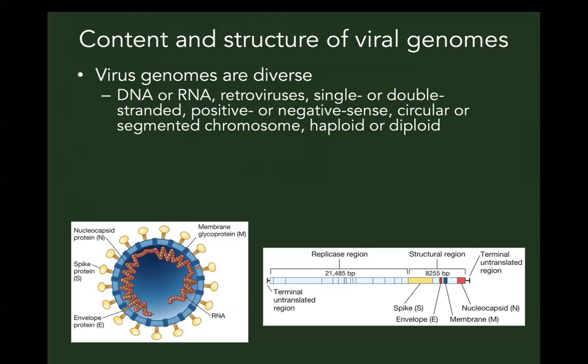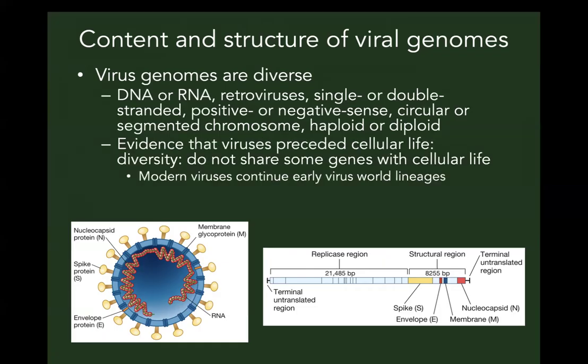Some of them are retroviruses. Some have single-stranded DNA, some have double-stranded DNA. They are either positive or negative sense, meaning that they use different strands for coding. Some are circular, some are segmented, some are haploid, some are diploid. So a huge amount of diversity.